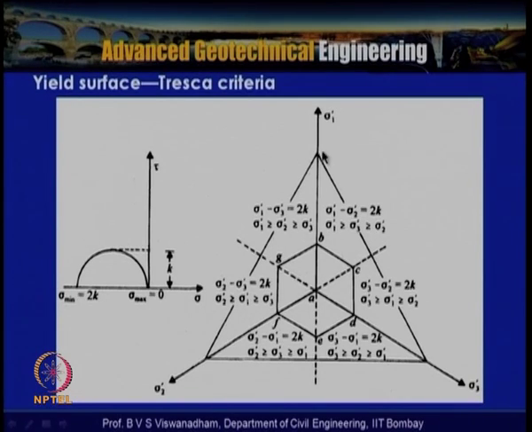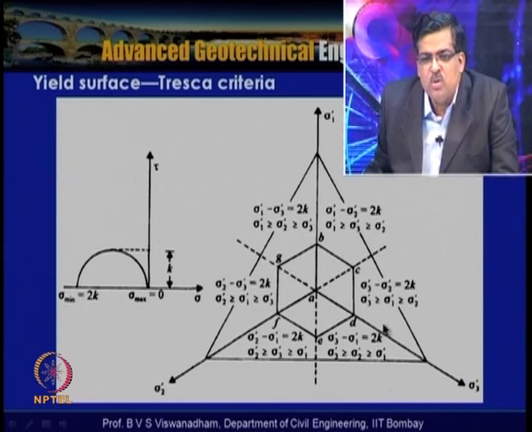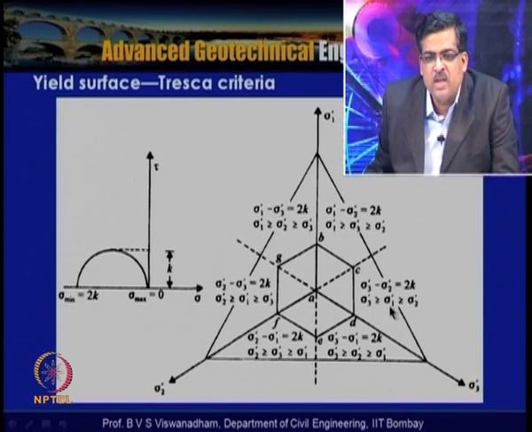In this zone, sigma 1 minus sigma 2 is equal to 2k, where sigma 1 is greater than sigma 3 greater than or equal to sigma 2. In this zone, sigma 3 minus sigma 2 is equal to 2k, where sigma 3 is greater than or equal to sigma 1 greater than or equal to sigma 2. In this zone, sigma 3 minus sigma 1 is equal to 2k, where sigma 3 is greater than or equal to sigma 2 greater than or equal to sigma 1.